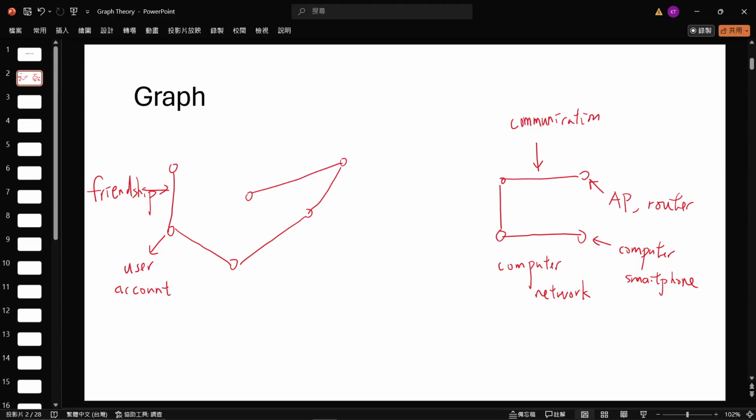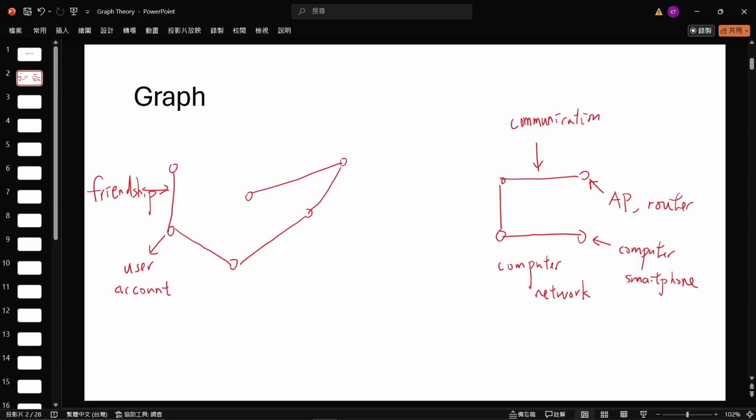So usually by modeling your problem as a graph, this is a very efficient first step, because the second step is usually just to apply some graph algorithm, all right? So in short, if we can model a complex system using graphs, then we can use some graph algorithms to solve your problem, okay? That's, I'll say, the most important reason for computer science students.